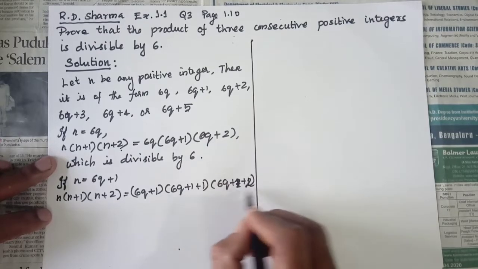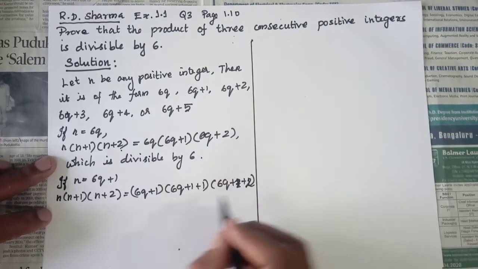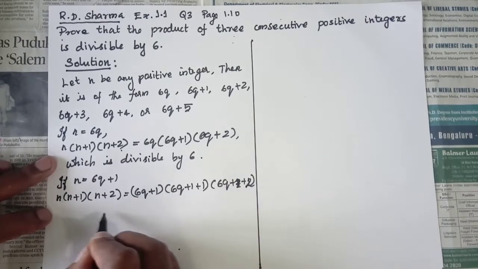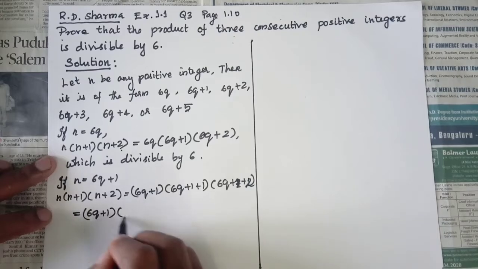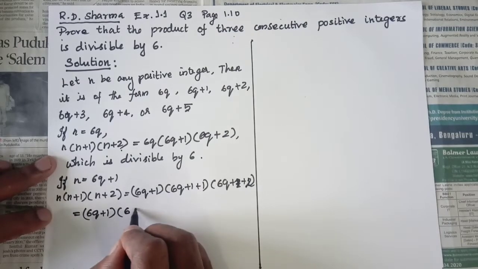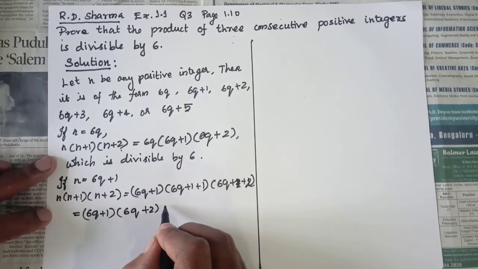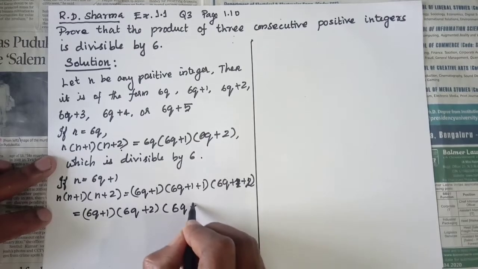So 1 plus 2 is 3. Sorry for the inconvenience here, so we can write this as 6q plus 1 into 6q plus 2 into 6q plus 3.